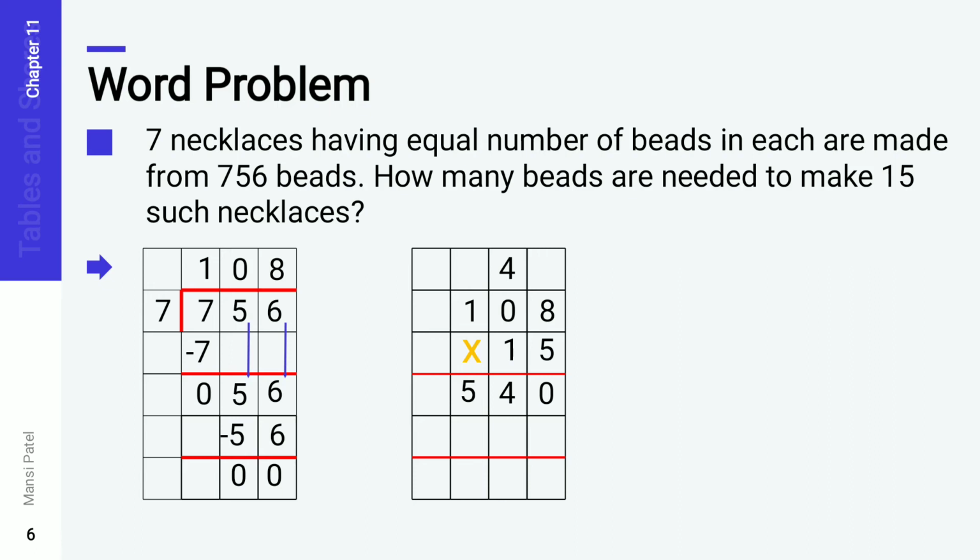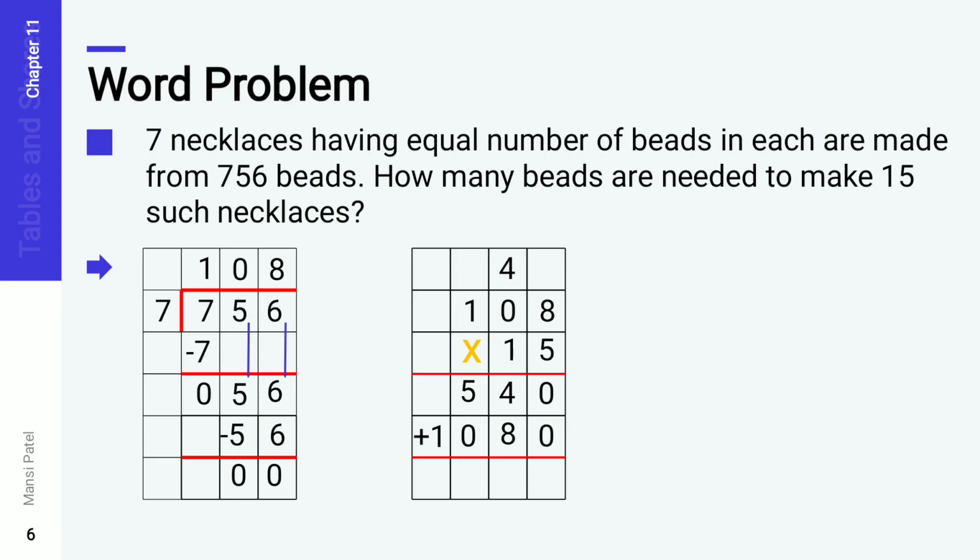Therefore we put a 0 in the ones place, and after that we start our multiplication. 1 8 is 8. 1 zero is 0 and 1 one is 1.